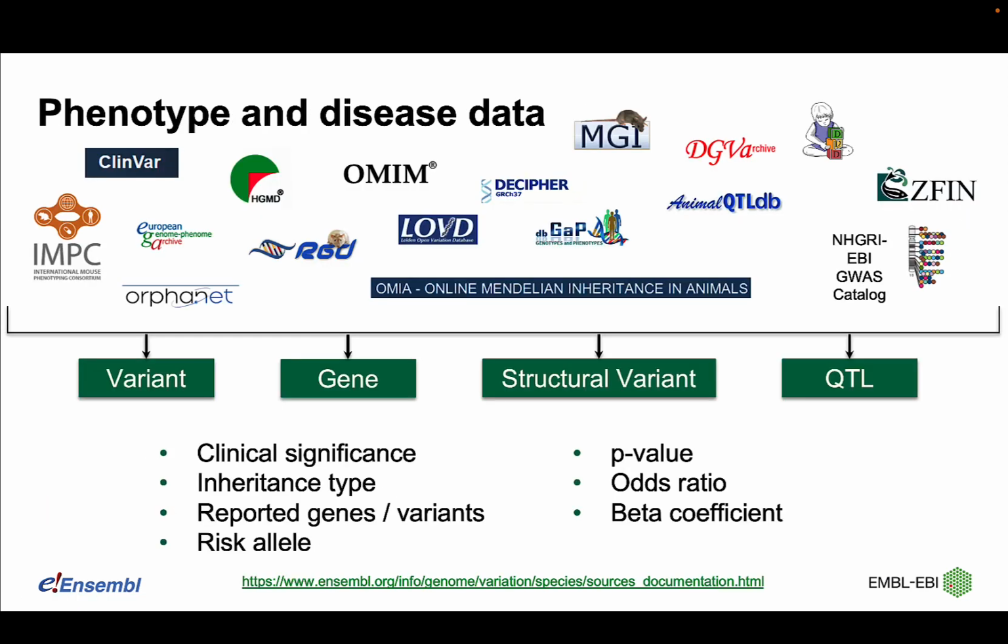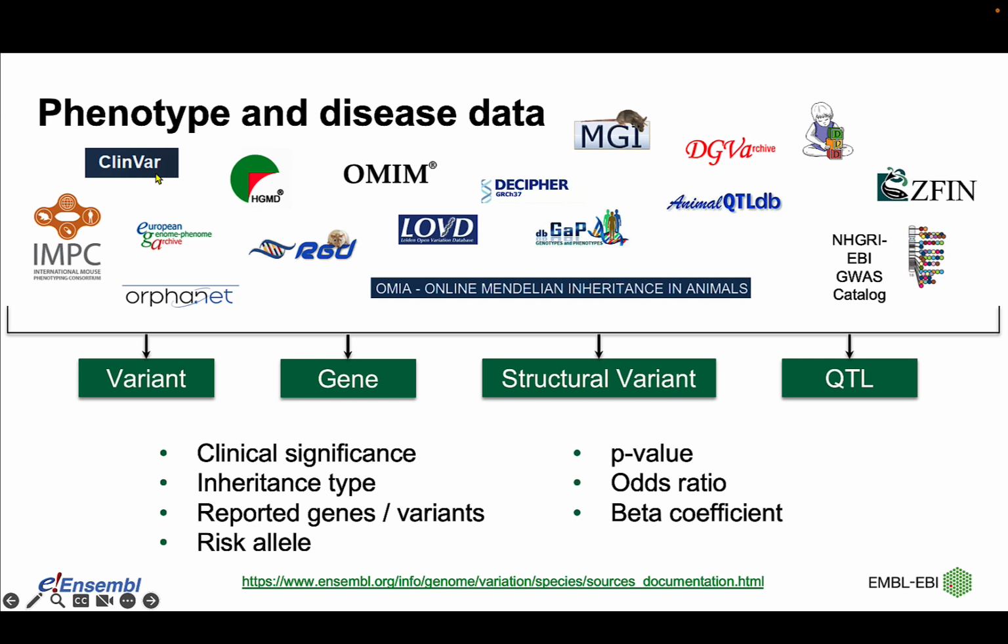Some of the data that we link with the variation data are phenotype and disease data, and these can come from a range of different sources depending on the species. So for example, for human, we link variation data to the Human Gene Mutation Database, or HGMD, and also ClinVar.